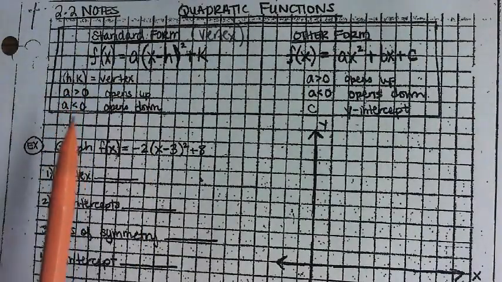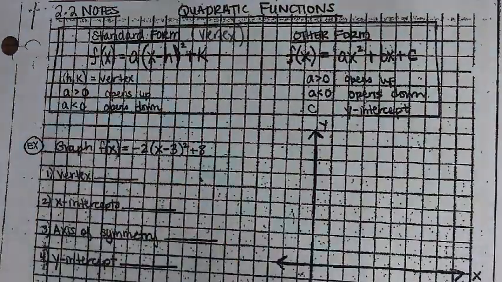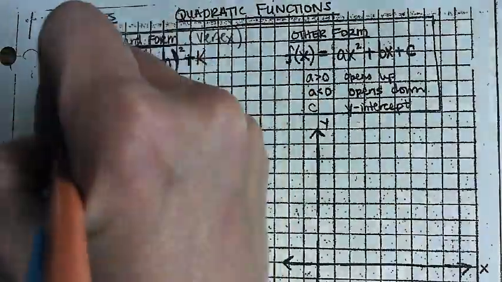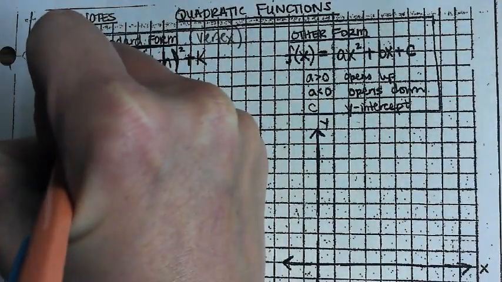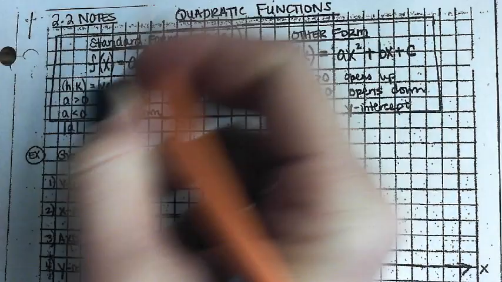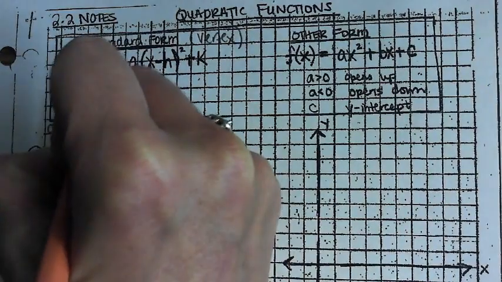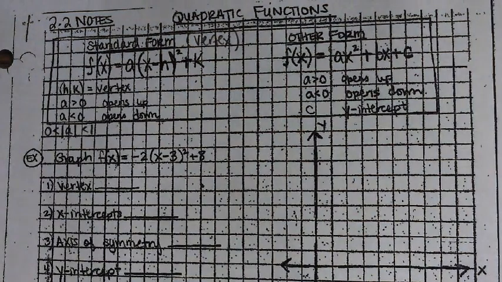To go a little bit more in depth with a, just because we can, if the absolute value of a is between 0 and 1, the parent graph is 1x squared, technically.